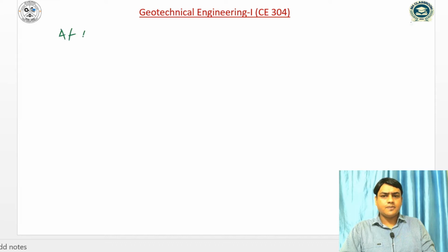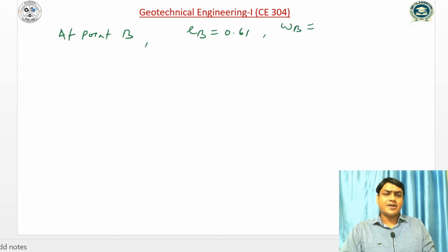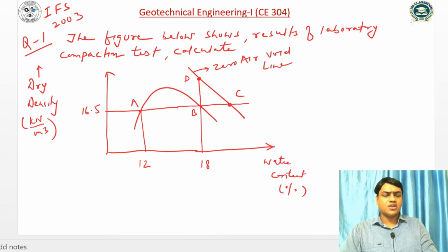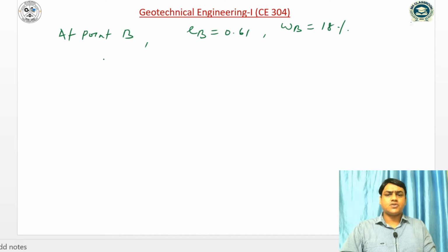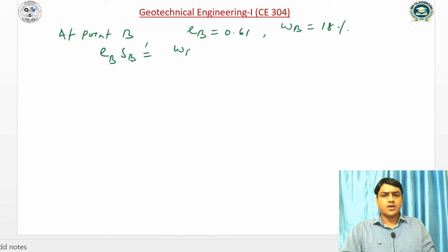Similarly, at point B we can compute the degree of saturation. The void ratio at point B is the same as point A, that is 0.61, but the water content at point B we can see from the compaction curve is 18%. Once again applying the formula eS is equal to wG, e_B into degree of saturation at B is equal to water content at B into specific gravity of solid.